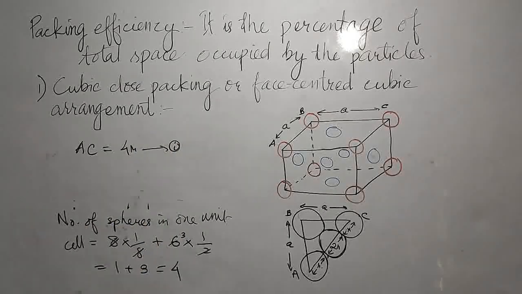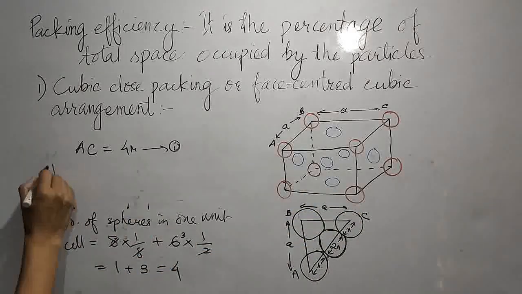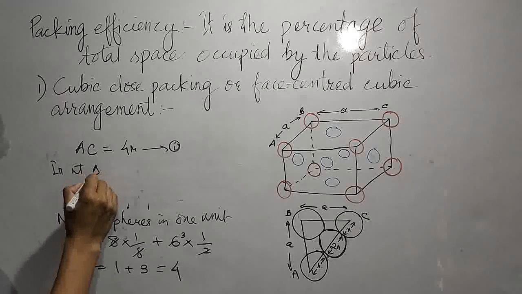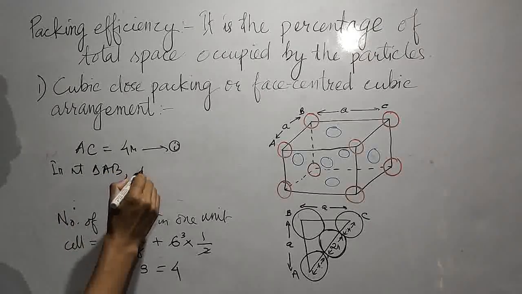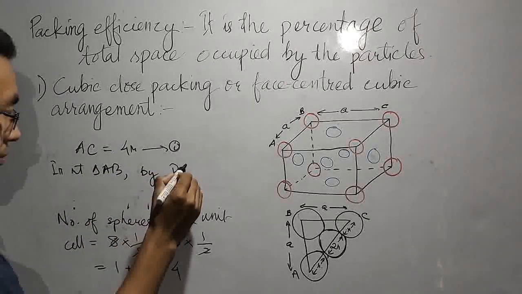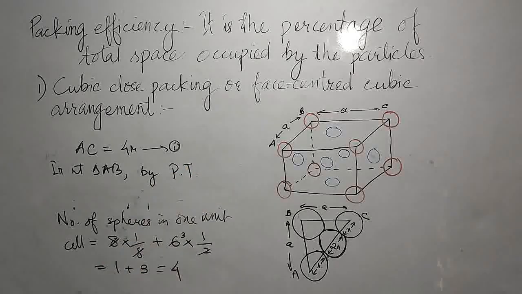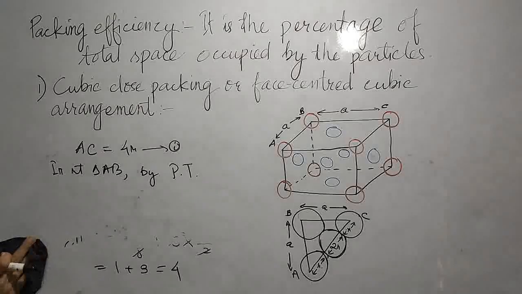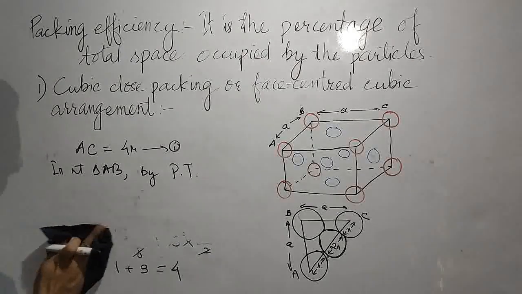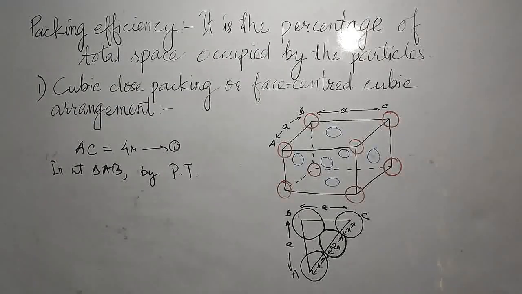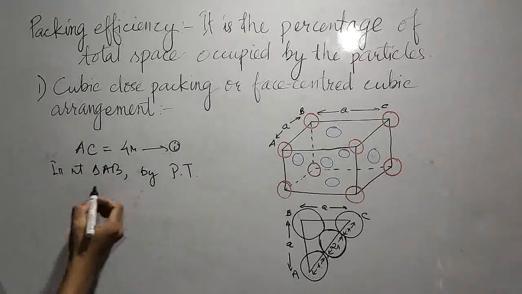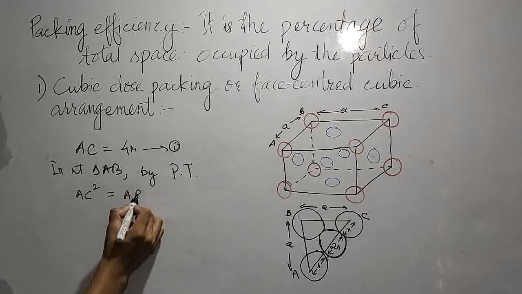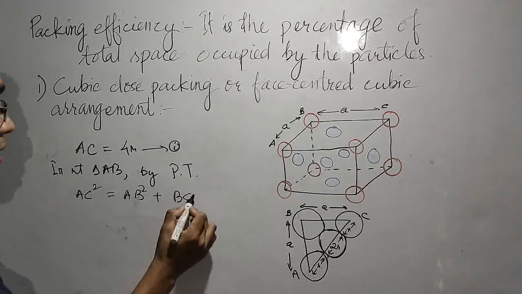Then in the right angle triangle ABC, by Pythagoras theorem, kindly remember this one. There are 4 particles present in one unit cell. By Pythagoras theorem, AC square equals AB square plus BC square.